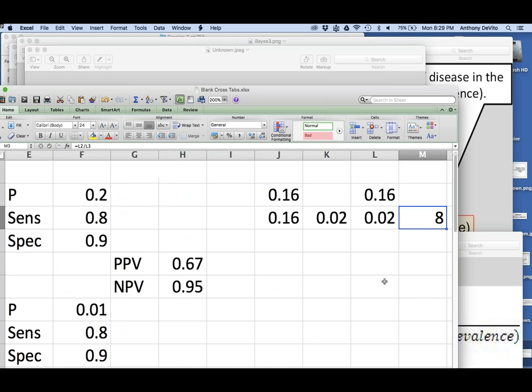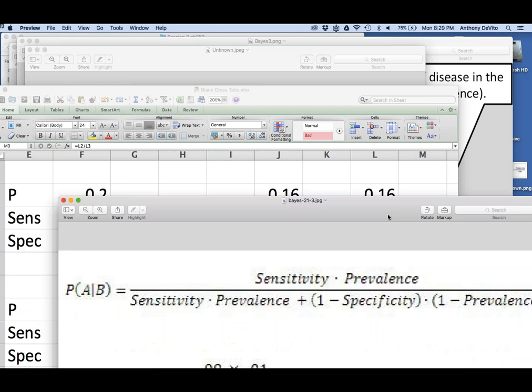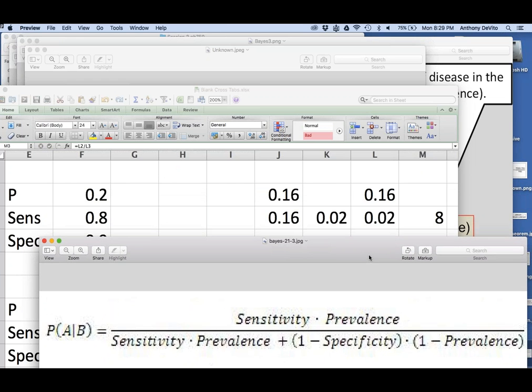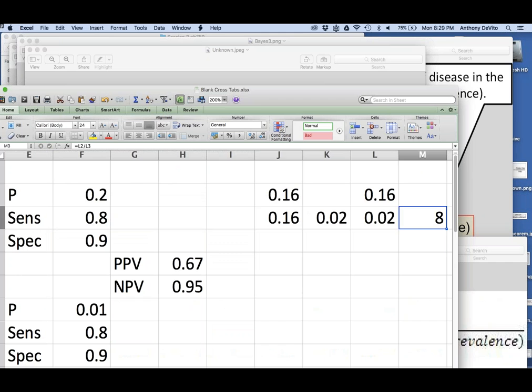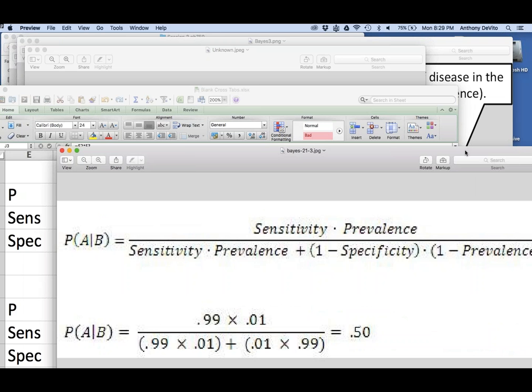Trust me, it works when you do it right. Sensitivity times the prevalence. Could I have gotten this wrong? Sensitivity times the prevalence, 0.2 times 0.8. Okay, sensitivity times the prevalence again.